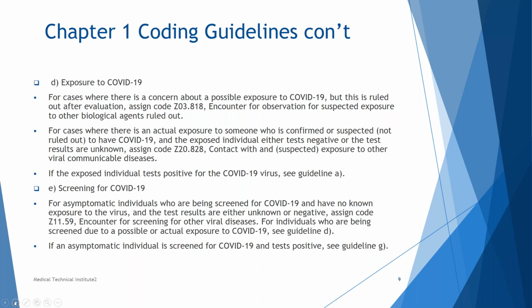So for the most part, we've already gone over that if they are positive or presumed positive, they are confirmed, and then you have some other guidelines surrounding the asymptomatic, exposure to someone who has it, or encounter for observation.